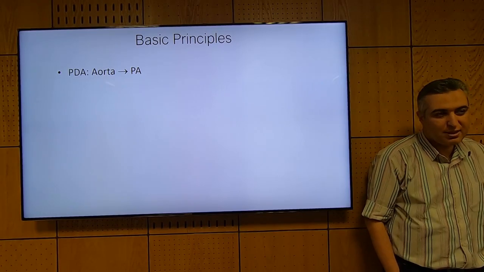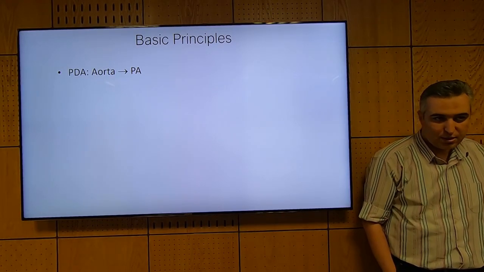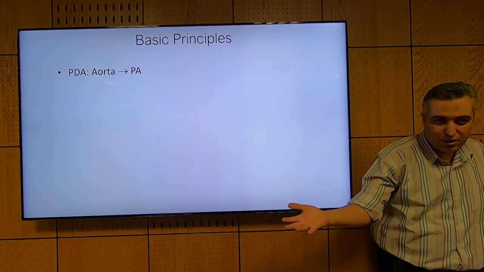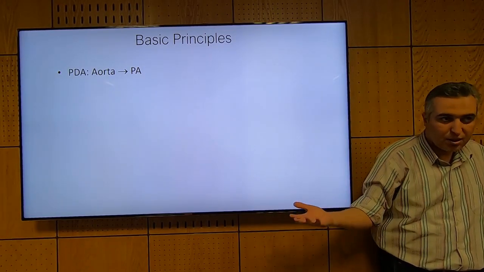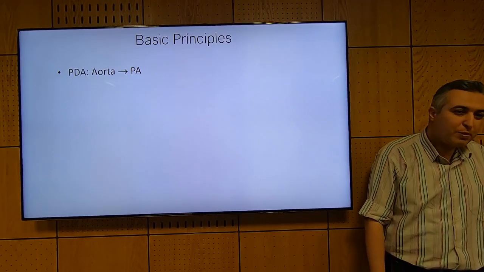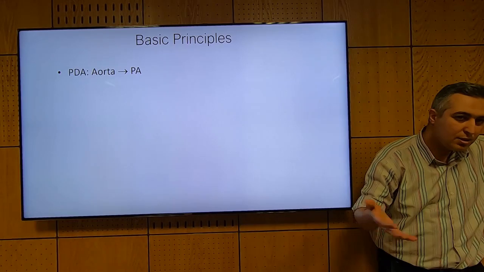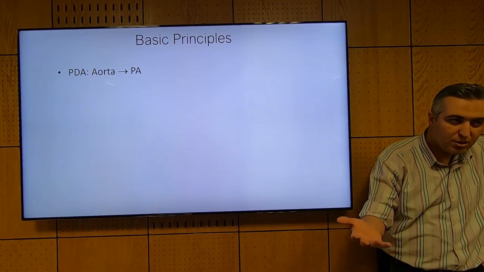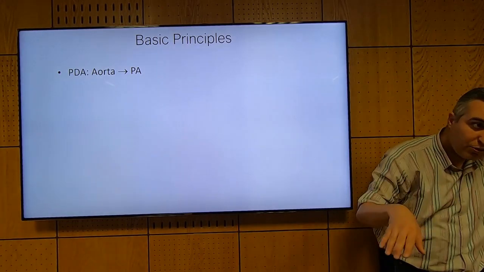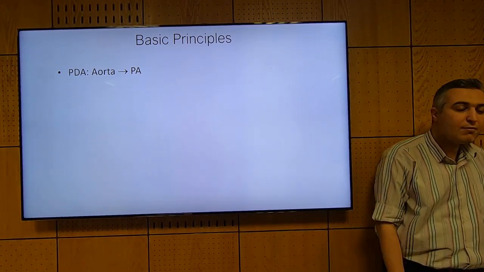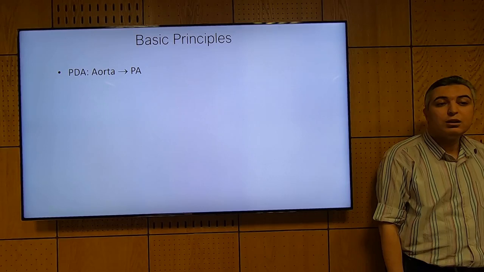So if we assume that the systemic pressure is 120 over 80, while the pulmonary pressure is 25 over 15, the systolic pressure in the aorta is 120, while the systolic pressure in the pulmonary artery is 25. So there will be systolic flow from the aorta to the pulmonary artery. Do you agree? Yes. How about diastole?